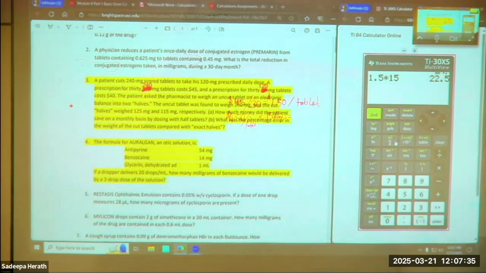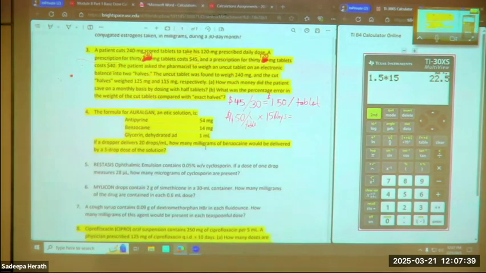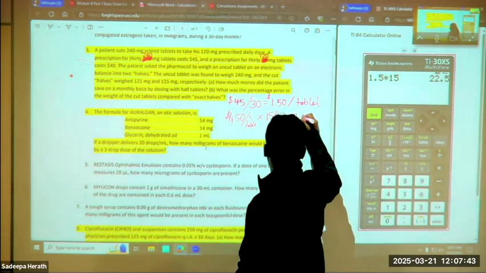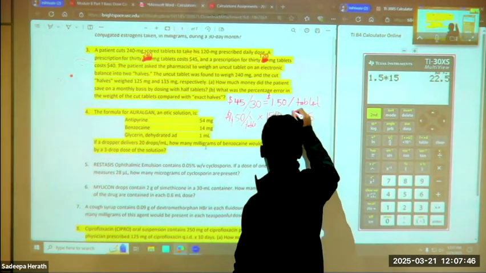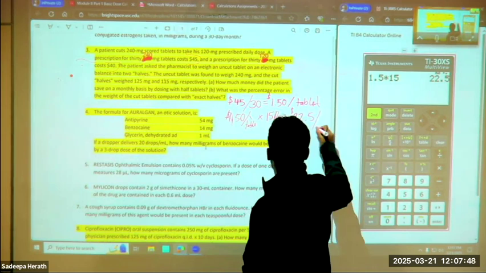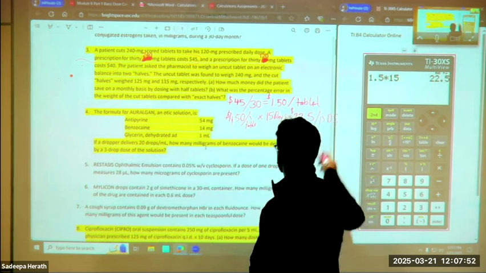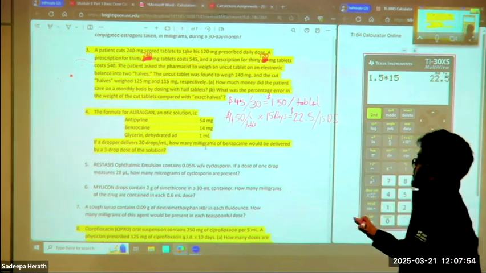Oh, let me fix that for you guys. That's $22.50 for 15 tablets. Okay, so that's for 240 milligrams.